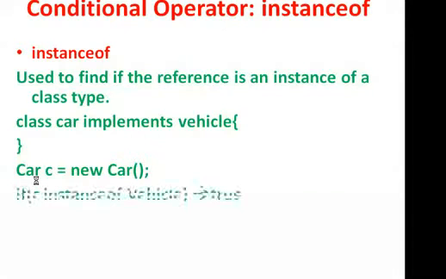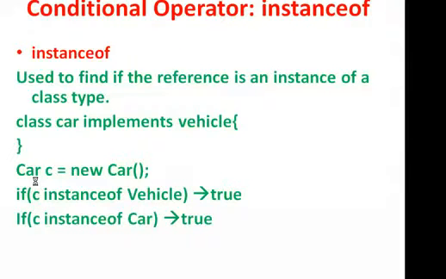I can use instance of to check if the c is a type of vehicle or c is a type of car. This will return true for both the conditions. So instance of can be used to check whether a particular reference variable is a type of a class type or an interface type.